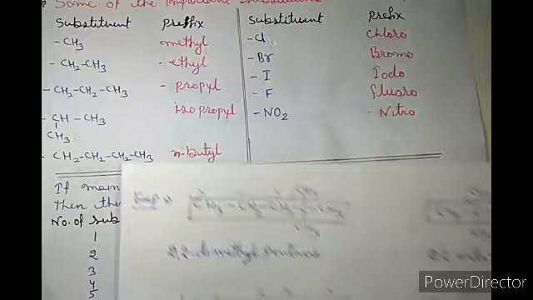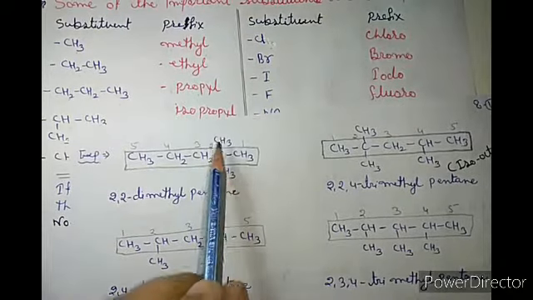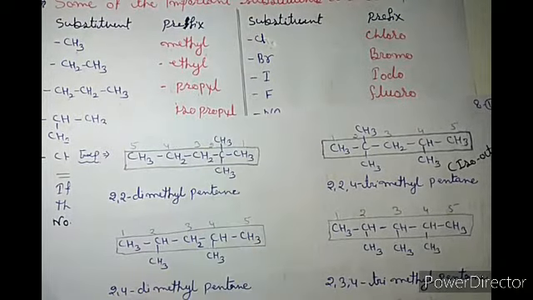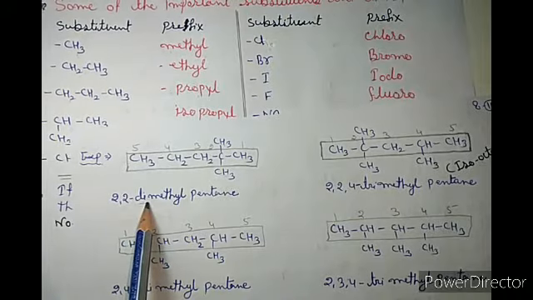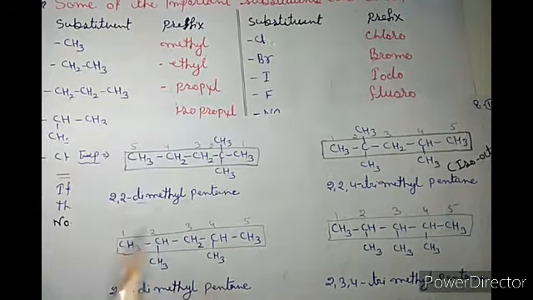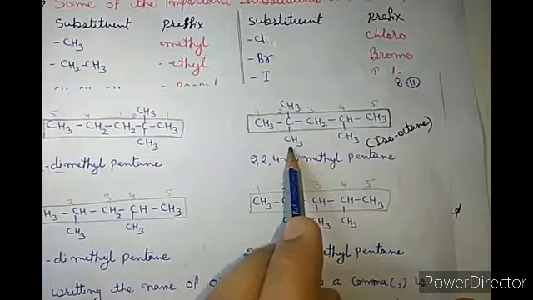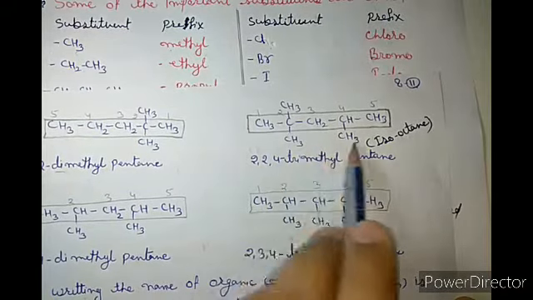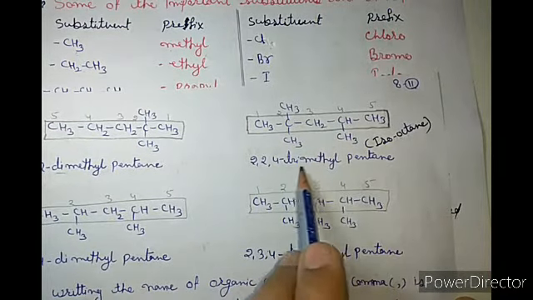For example, here the same 2 methyl groups are attached, so the word di is used. Here 3 methyl groups are attached, so the name is trimethyl.